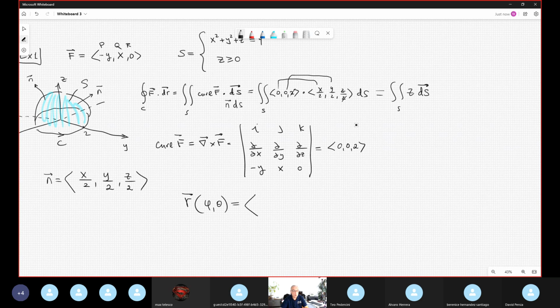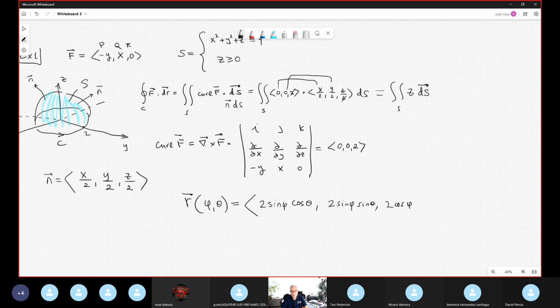And the radius 2, which is constant, because it's on the sphere. So, 2 sine phi cosine theta, comma 2 sine phi sine theta, comma 2 cosine phi.